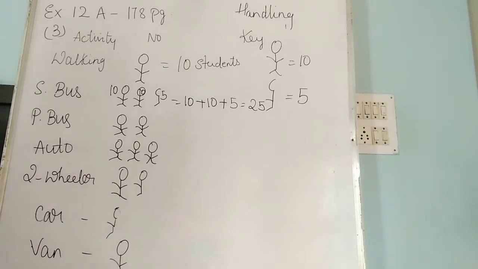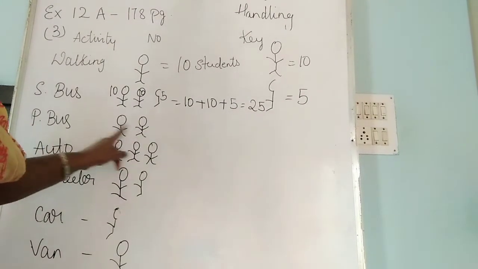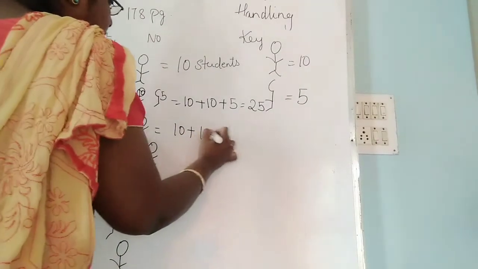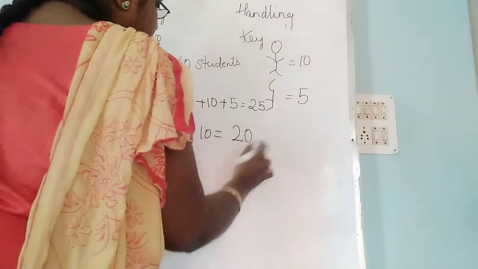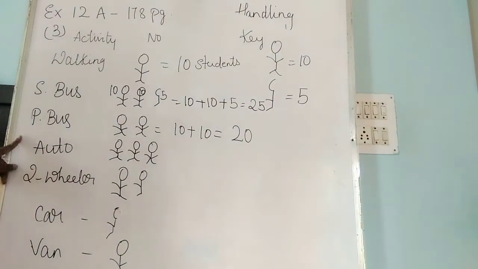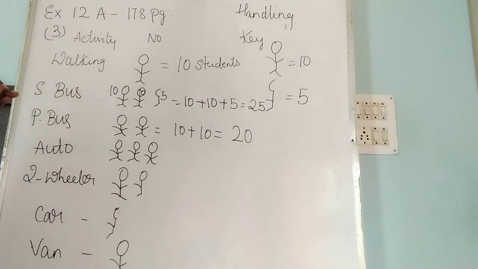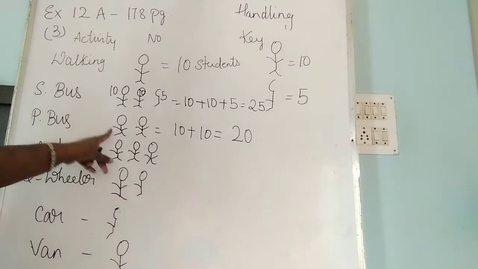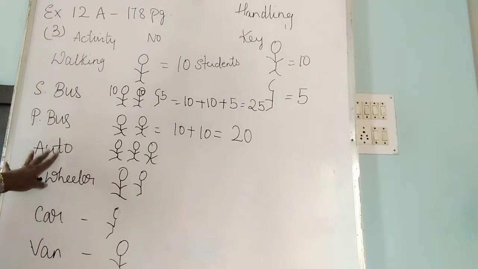Now we move on to the students coming in the private bus. Now we have two dolls. This doll is 10, this doll is 10. So 10 plus 10 is 20 students come by private bus. Understood? Now let us see the students who come with auto rickshaw.